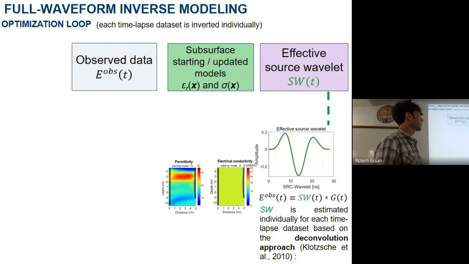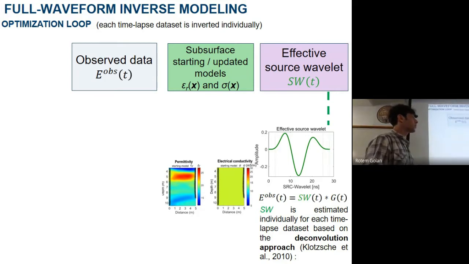Here are the starting models that we use, and we need to be somewhat close to the real models. Otherwise, the optimization will not go in the right direction. And we also need the effective source wavelet that is emitted from the transmitter.